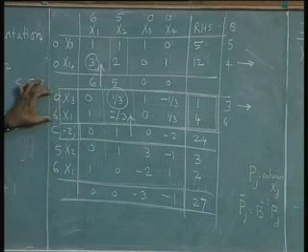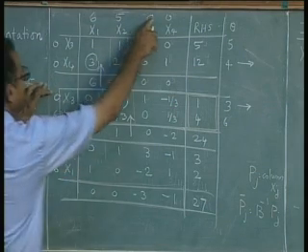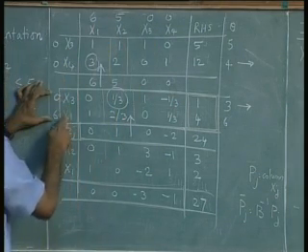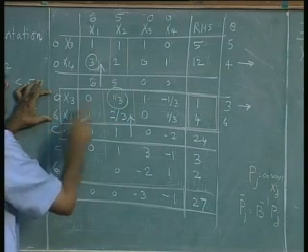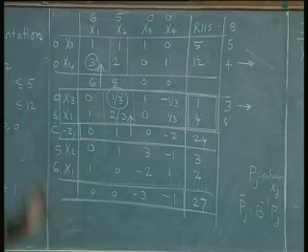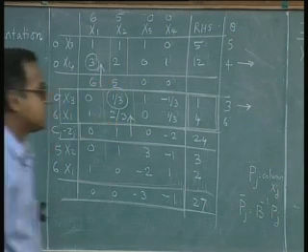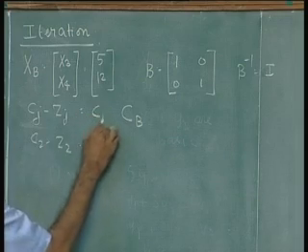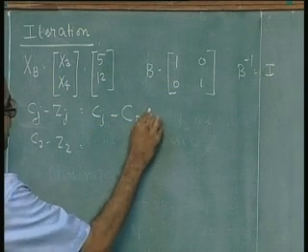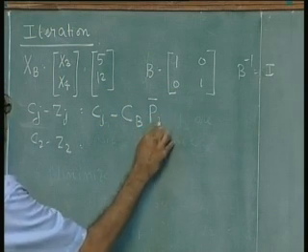In this case CB is 0 6, because of this 0 and this 6. x3 comes first, x1 comes later. So CB will be 0 6. Your Zj is nothing but the dot product of CB and P bar j. So this is Cj minus the dot product of CB and P bar j.